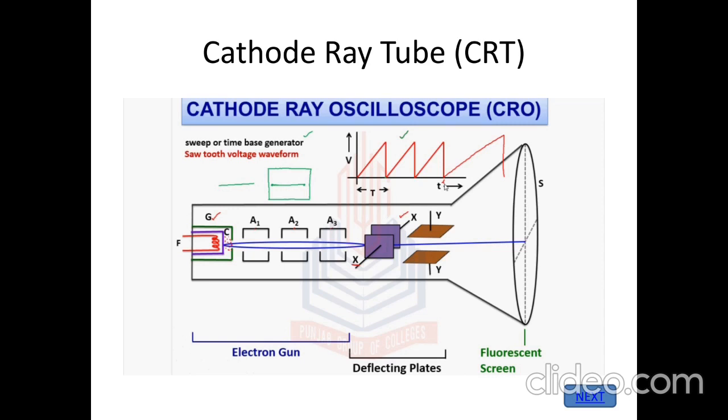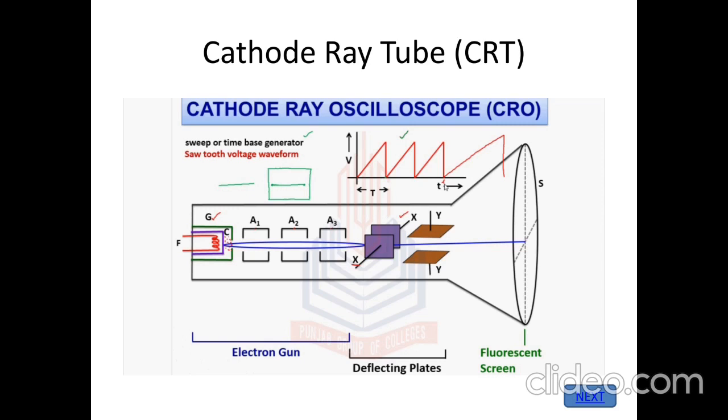So how much negative voltage I'm going to give, with that I can control the intensity of this particular beam. And then this beam is passed through the set of accelerating or focusing anodes, that is A2 and A3. These anodes are supplied with high positive voltage and increase the velocity of the beam to keep the beam focused.